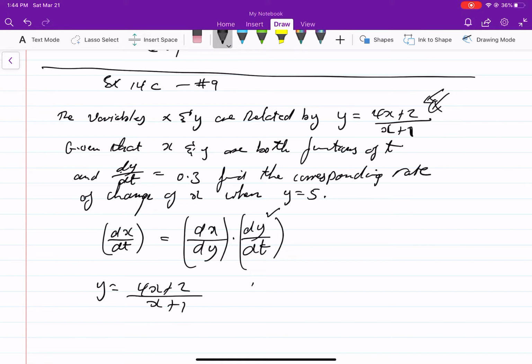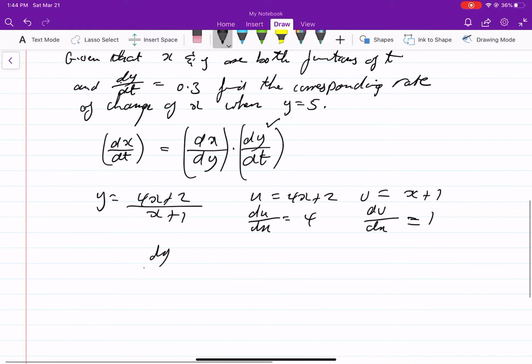If we call the numerator u, I don't remember if I showed you all the short way to do this. If u is equal to 4x plus 2, and v is equal to x plus 1, du/dx is equal to 4, and dv/dx is equal to 1.